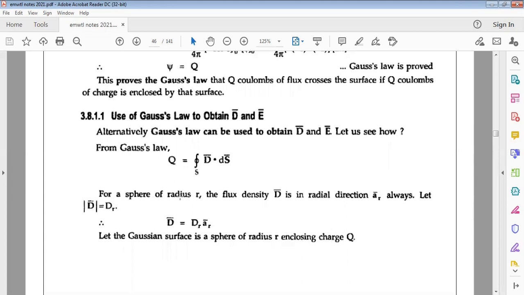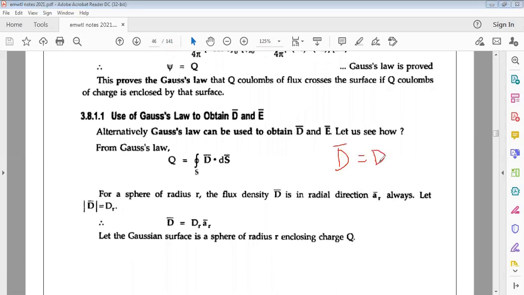For a sphere of radius r, the flux density Dr is in the radial direction ar bar always. Let D bar be equal to Dr. Let us take D equal to D only.